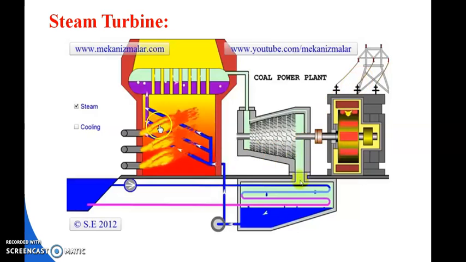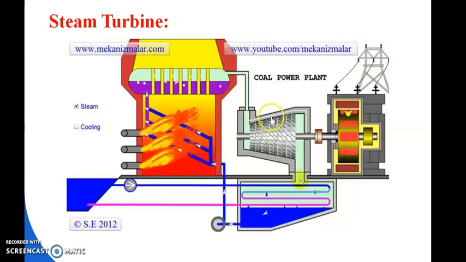So here the steam generates in the boiler. That steam comes out as the superheated steam, which carries a high temperature, high pressure and high enthalpy, and that enters the steam turbine. In the first stage in the steam turbine, it enters the nozzle, then it strikes the blade.